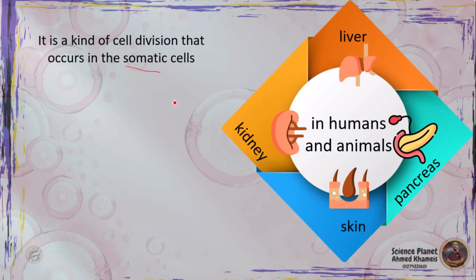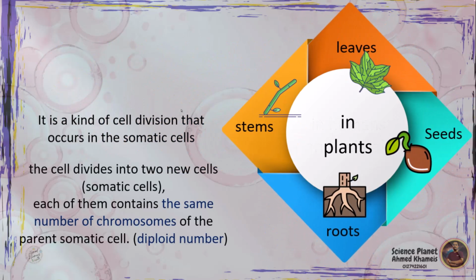All somatic cells divide by mitotic division, like the kidney, liver, skin, pancreas in humans and animals, and in plants, the leaves, seeds, root, and stem. We all divide by mitotic division. And in the mitotic division, the cell divides into two daughter cells. Each of them has a complete number of chromosomes. So each of the daughter cells is diploid because they contain the exact same number of chromosomes.